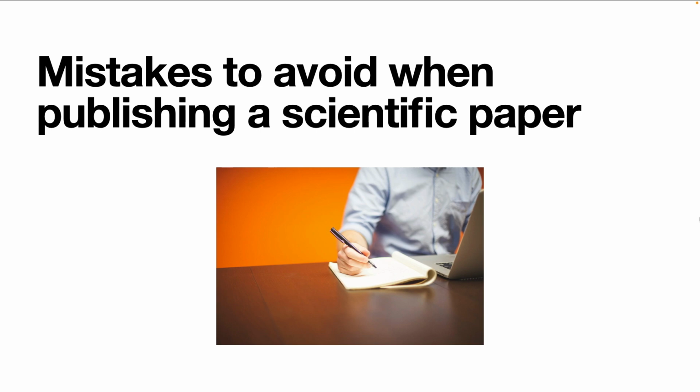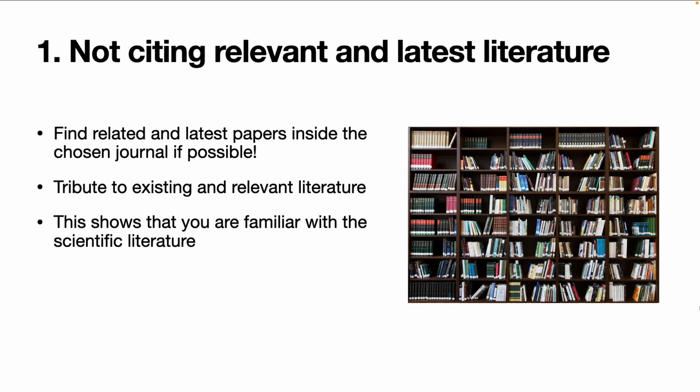In this video, I would like to talk about some common mistakes that you should avoid when publishing a scientific paper. So one mistake is not citing relevant and latest literature. If you cite the latest literature, then the editor and the reviewer will know that you are familiar with the scientific topic and what has been going on in the last years.